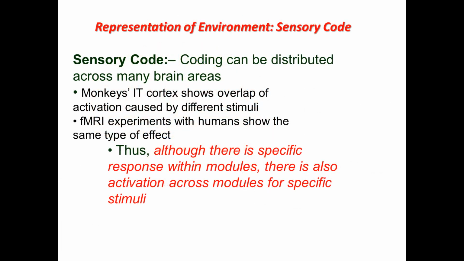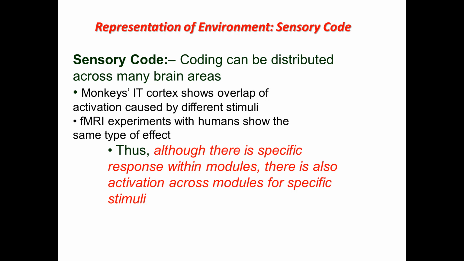So these and other single unit recording studies from non-human primates have led to our understanding of how the brain codes for information. And the sensory code is really interesting, and it's been shown that the inferotemporal cortex shows overlap of activation caused by many different stimuli. And although there is specific response within modules, there is also activation across modules for the same stimulus.